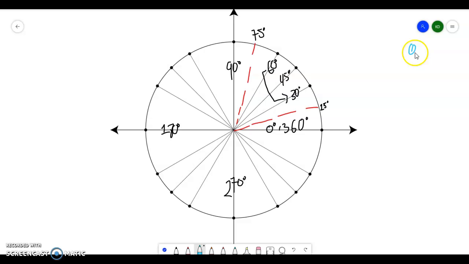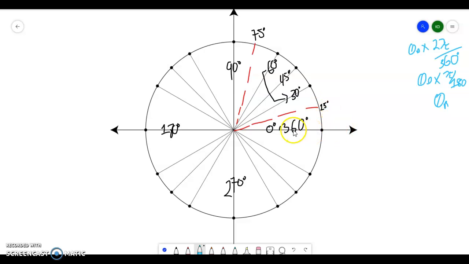So theta in degrees times a whole circle in radians over a whole circle in degrees. So that cancels out the degrees. This also can be simplified further. So that can be simplified to pi over 180. And that'll give me theta in radians.